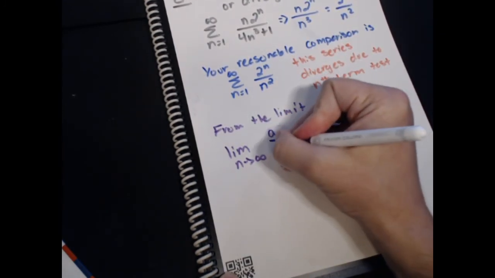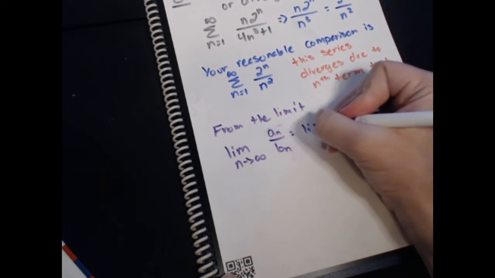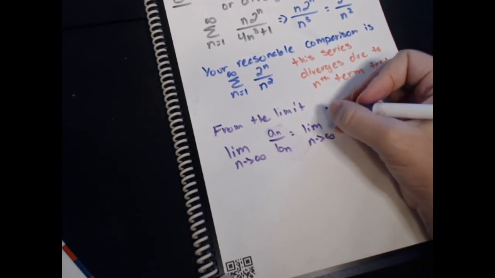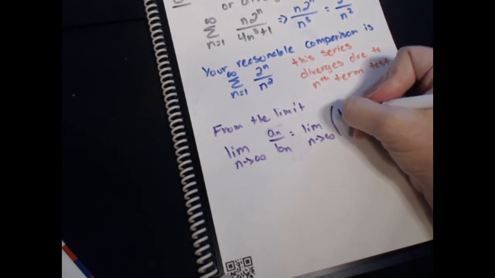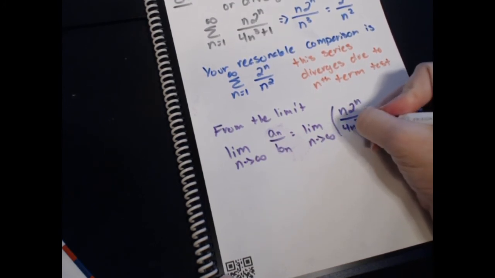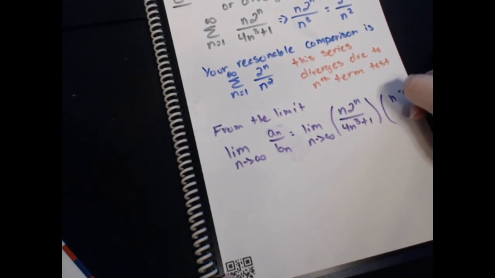A sub n, b sub n. So we get the limit as n approaches infinity. And we keep the original, so n times 2 to the n over 4n cubed plus 1, and then we write what we found as our comparison, which is 2 to the n over n squared, or we flip it, sorry, because it's division.